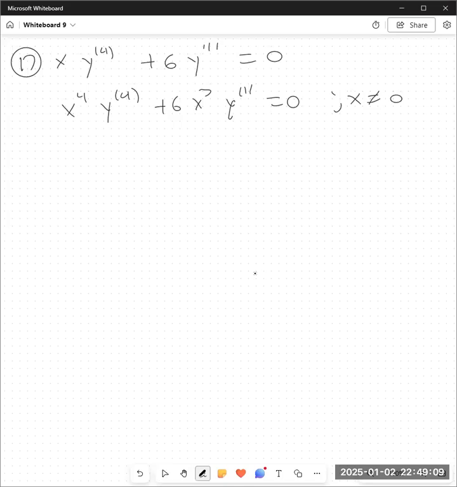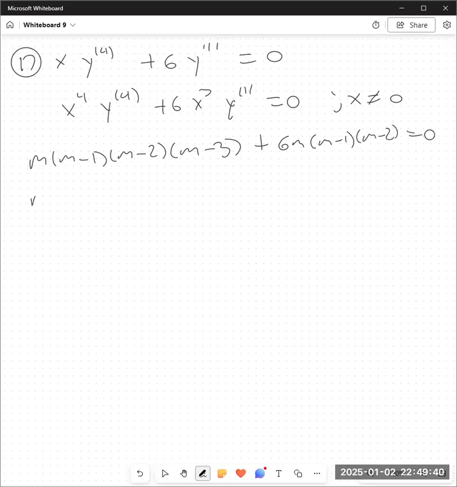Then we're going to have m times m minus 1 times m minus 2 times m minus 3 plus 6 times m times m minus 1 times m minus 2 equals 0.